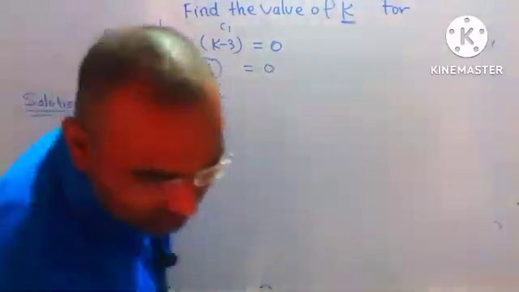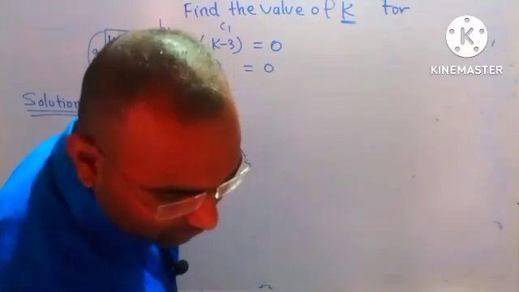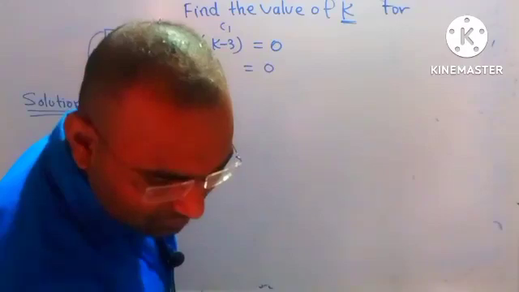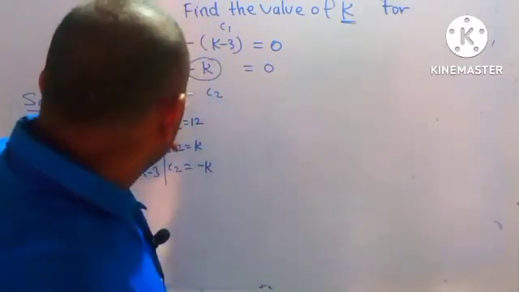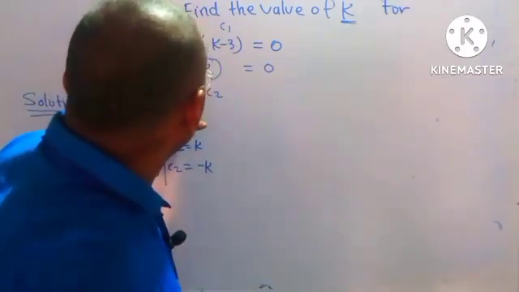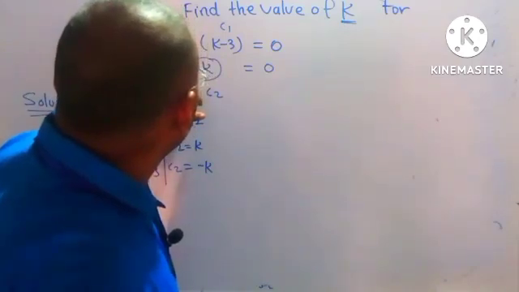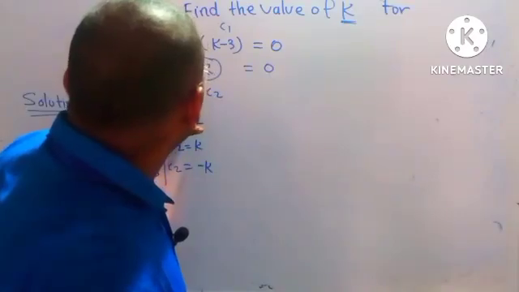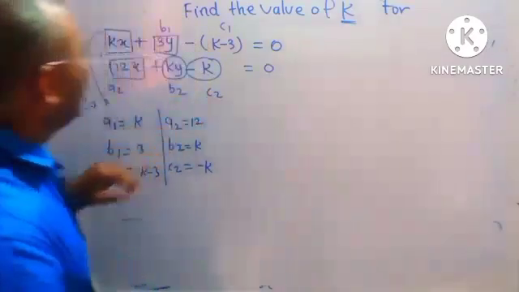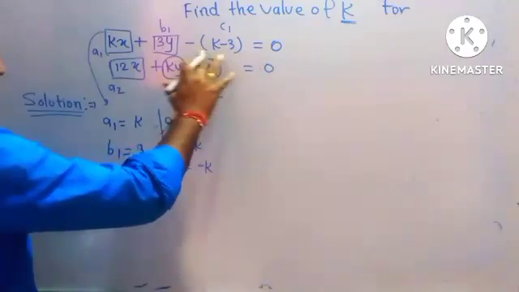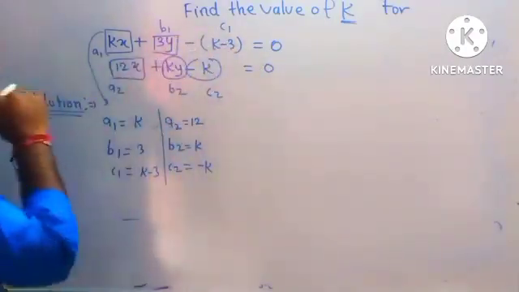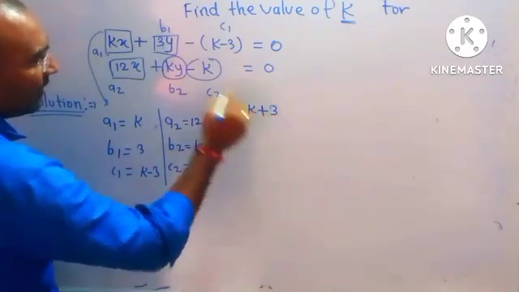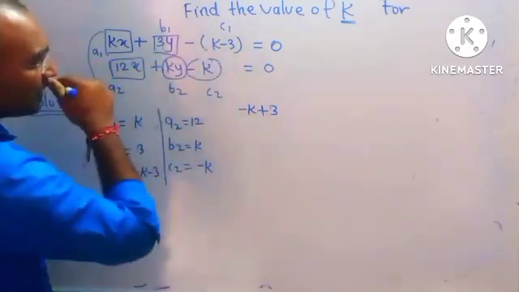Sir, in C1 there is minus k minus 3. Okay, multiplying this minus, it will be minus k plus 3, since minus into minus is plus.